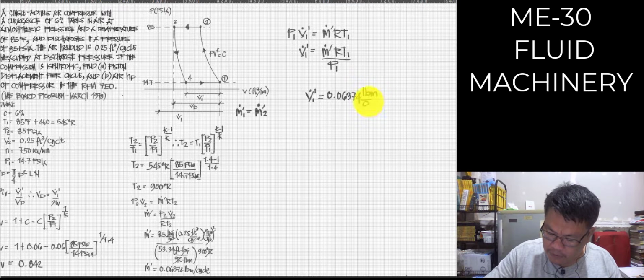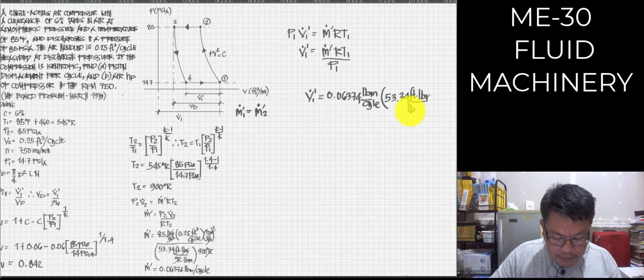Then I'm going to multiply this by your R, which is the R of air, 53.34 foot pound force per pound mass degree Rankine. Then multiply this by your T1.